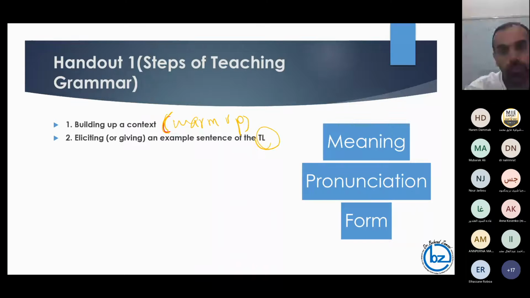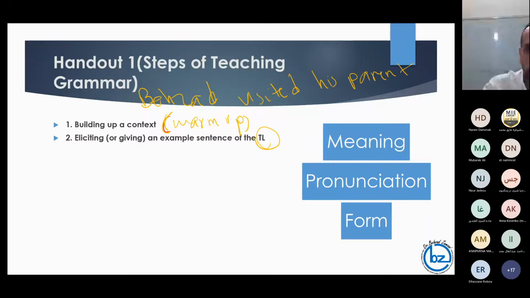For example, Behzad visited his parents last weekend. For example, teacher Behzad, because it was the context that you have created. So you want to put an example of the target language on the board, and then you want to use CCQs.